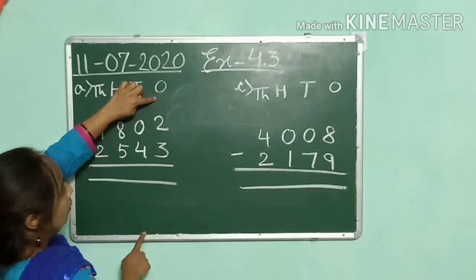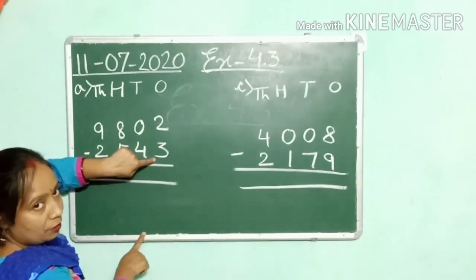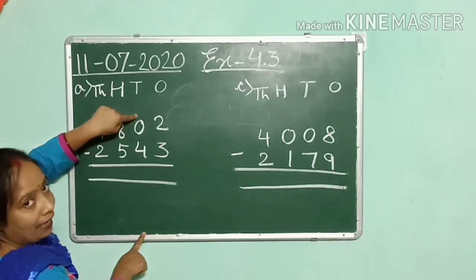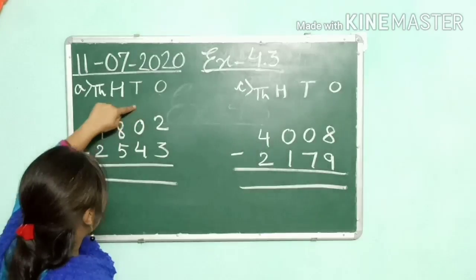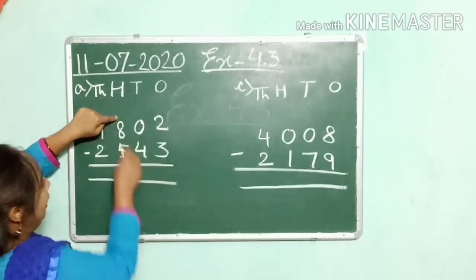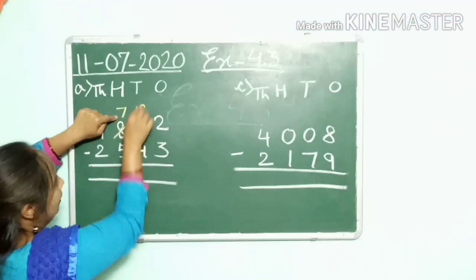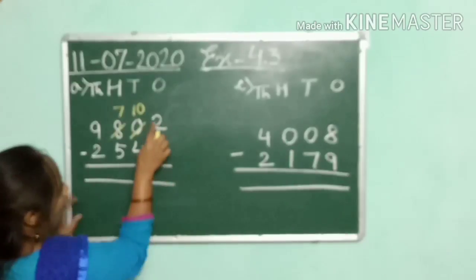Under the ones column, you may see you have to subtract 3 from 2, and 2 is smaller than this 3. So, this 2 will borrow from this tens place digit, that is 0. But 0 is already 0 now. So, 0 will borrow from this 8. So, 8 becomes what? 7. This 0 will become 10. Till here it's clear? Now children, this 2 will borrow from this 10.